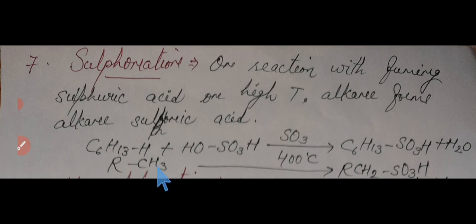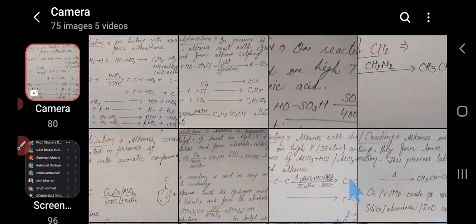Similarly, if we are using RCH3 as a reactant, RCH2SO3H is produced here. So alkanes when they react with fuming sulfuric acid, alkane sulfonic acid is produced.